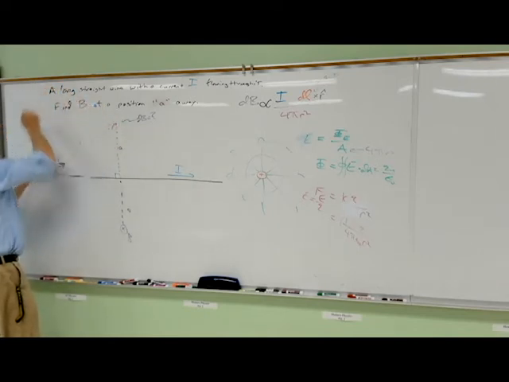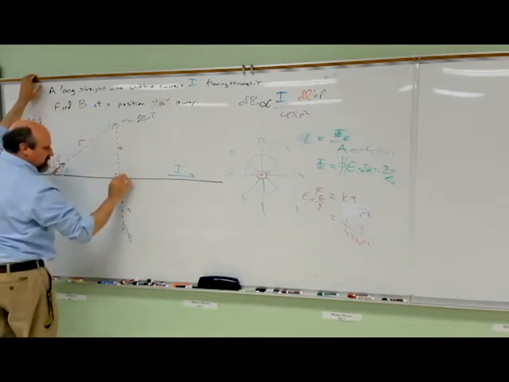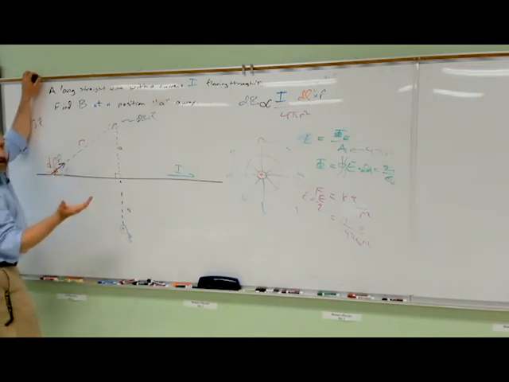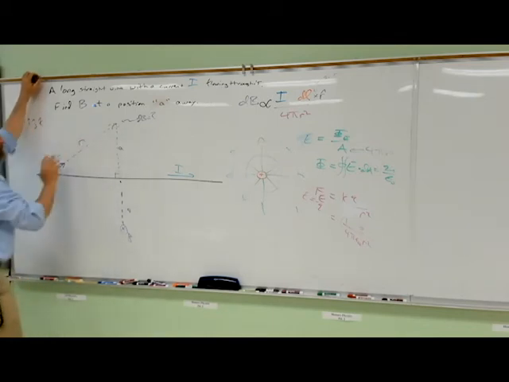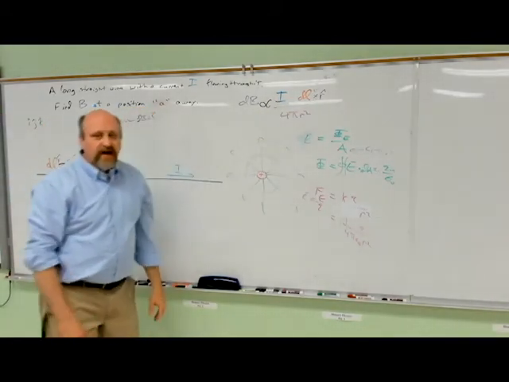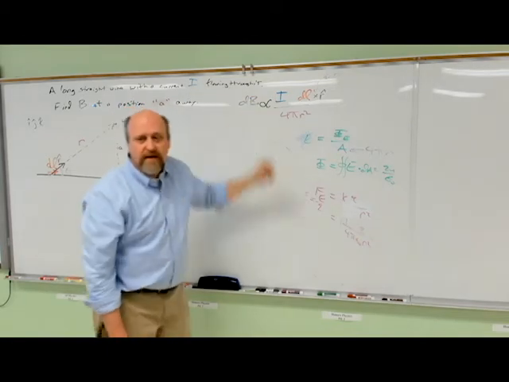It gets maximum when I'm straight above that point. So the little bit of charge here will make a stronger field there than a little bit of charge over here. It's also closer, but the point is that the angle matters. So I do want that sine theta. I want to take this proportional to and make it an equal sign.